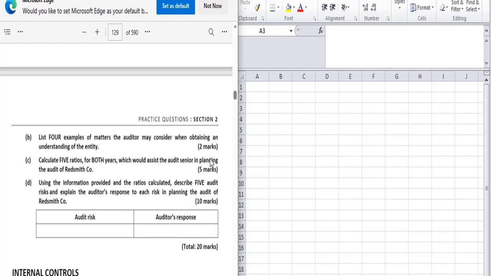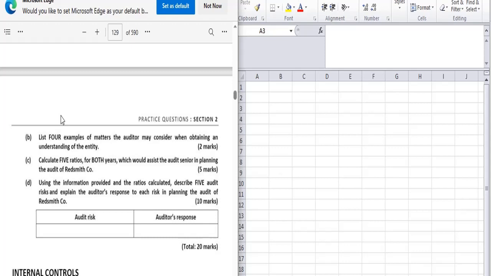These are the matters that need to be considered when obtaining an understanding of an entity. And here the question asks for a list, so we simply list out those points.